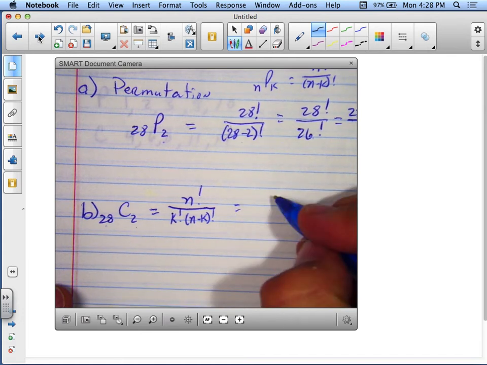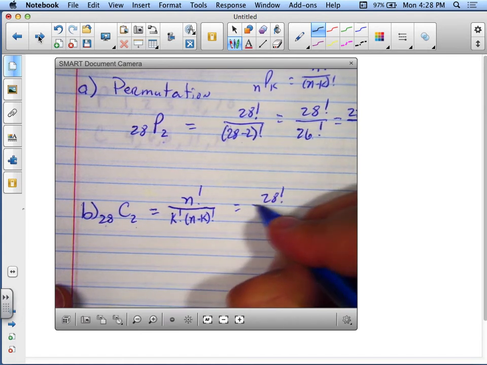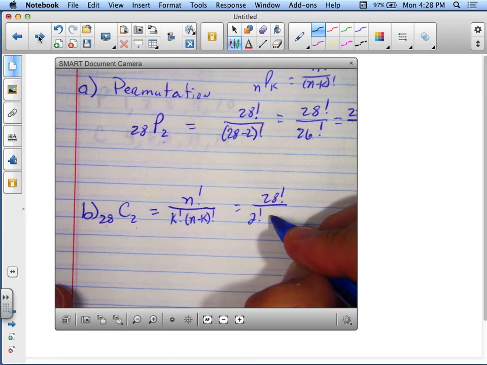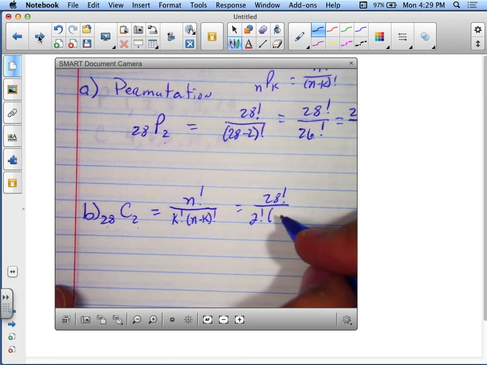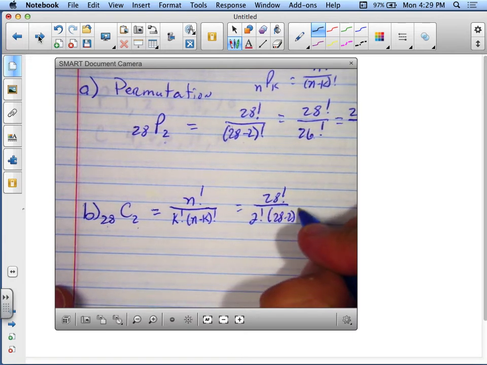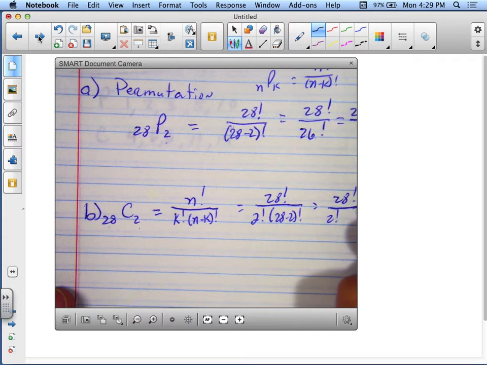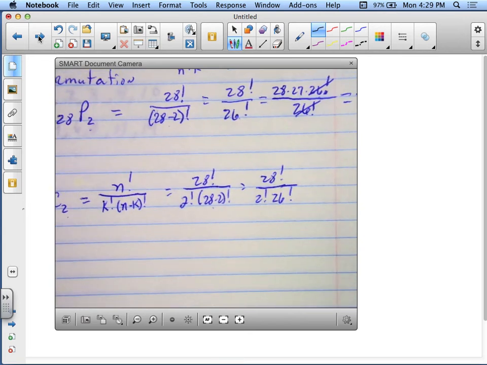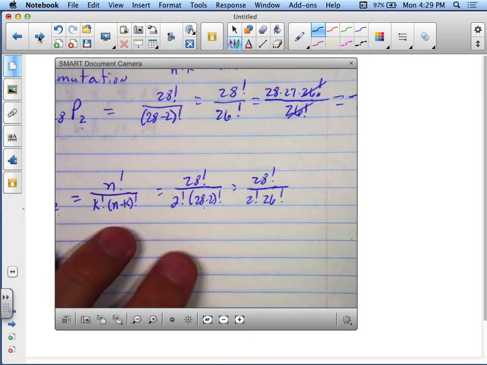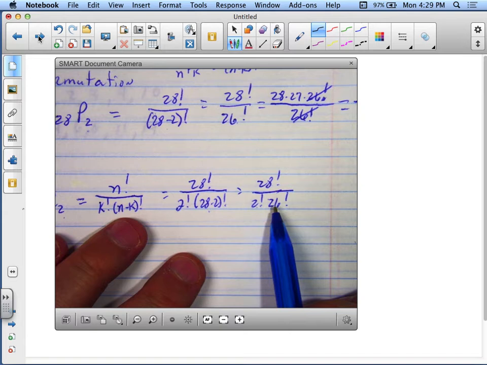Same thing, 28 factorial over 2 factorial, and in this case, 28 minus 2 factorial. So I get 28 factorial over 2 factorial times 26 factorial.